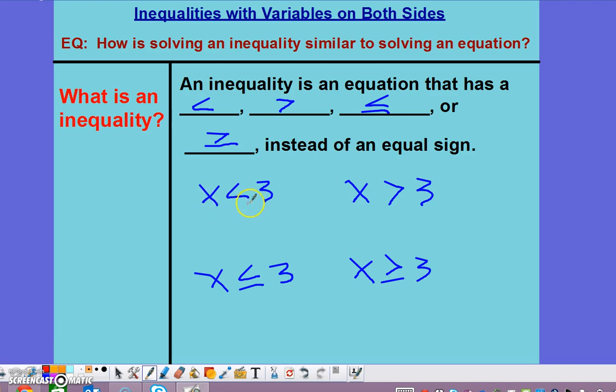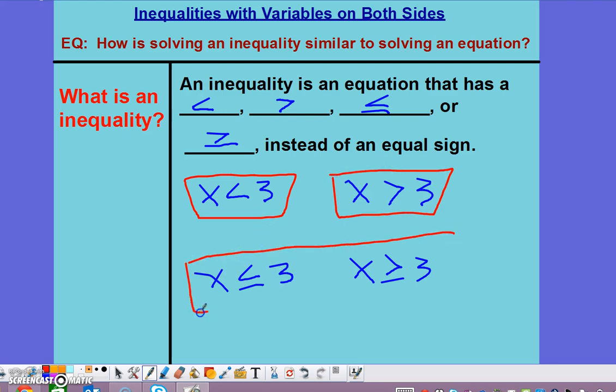If x is less than 3, it means x can be any number that's less than 3. So that could be 2, 1, 0, or it could be -5, -20, and so on. So there are multiple answers to an inequality. Or if x is greater than 3, it's anything greater than 3, so 4, 5, 6, on to 1 million.